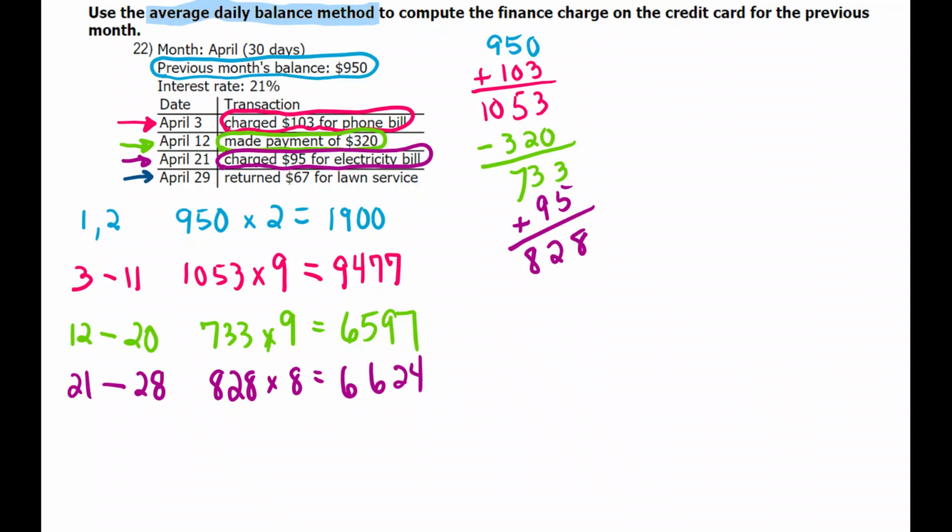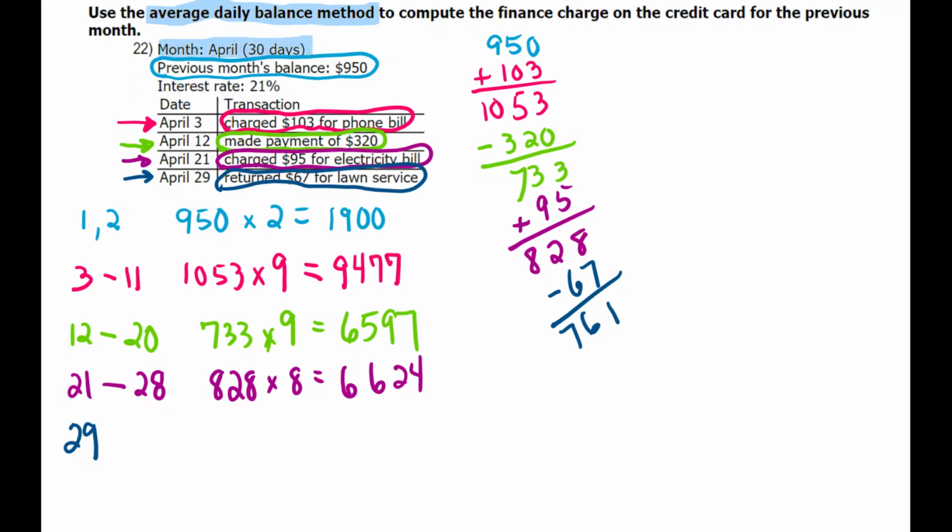And then on the last day of the month, how about dark blue? On April 29th, sorry, that's not the last day. The last day is the 30th. On the 29th, you return $67 for lawn services. If you return something, your balance will go down by 67. So that should be 761.